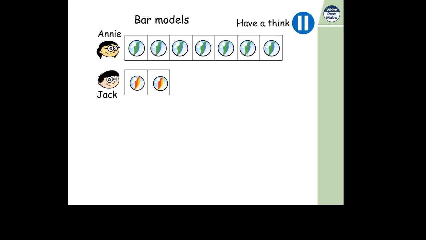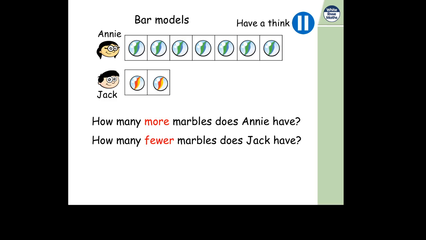Right, now let's think about difference. So how many more marbles does Annie have? And how many fewer marbles does Jack have? Let's see if it's the same answer this time. So we're going to do it as a takeaway. So we said that Annie, so here we've got 2 marbles and 2 marbles, so what's left? 5. 1, 2, 3, 4, 5.